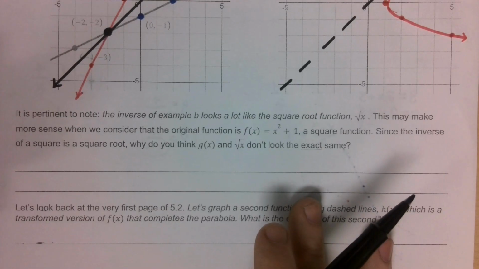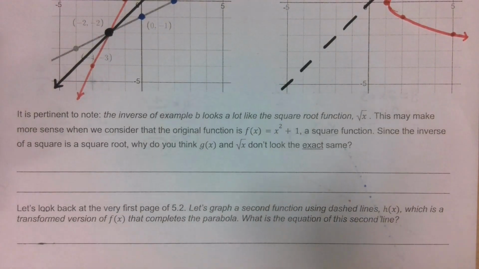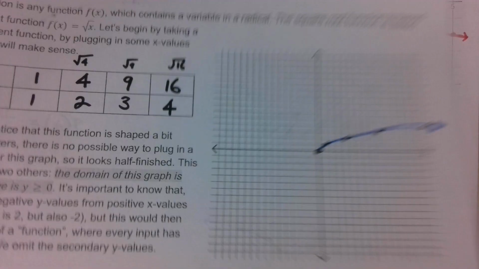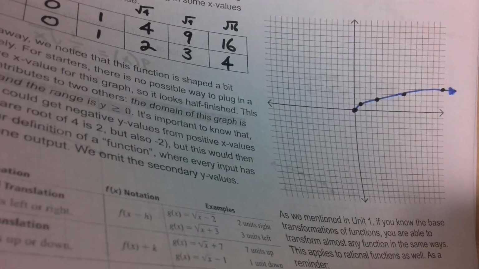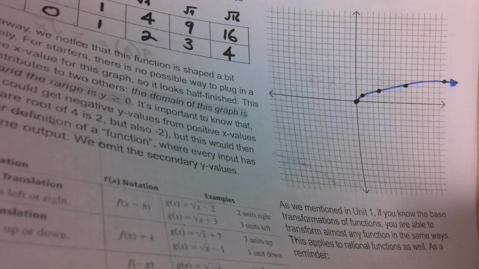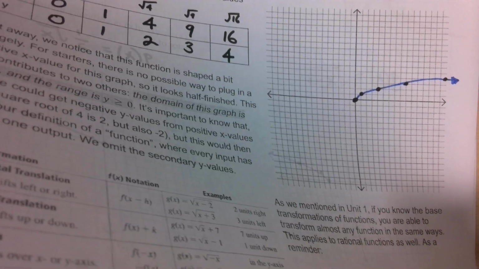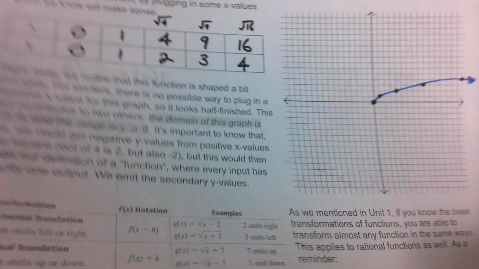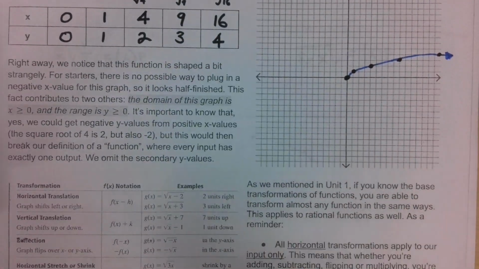Okay, let's take a look back at the very first page we talked about. This here. And the question we're asking is, let's graph a second function using dashed lines, h of x, which is a transformed version of f of x. In other words, what could we use to complete this parabola?